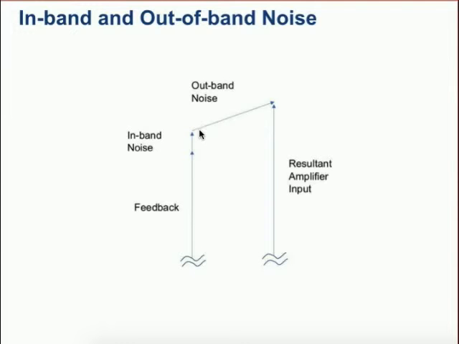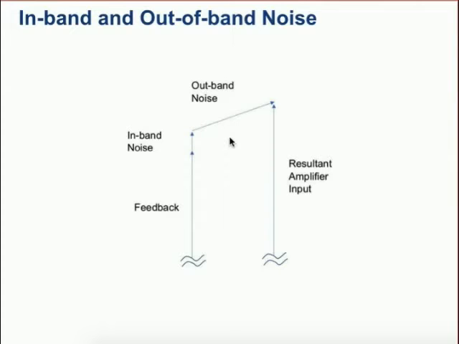So if this out-of-band noise was to move, say, over so it pointed out like this, then of course this resultant would move over here because it would follow the laws of the vector diagram, but the feedback vector here wouldn't change at all as a result of the out-of-band noise. So you can see a complete difference there.